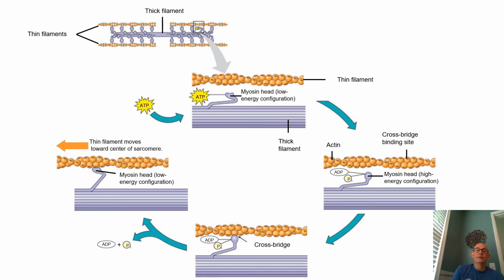Okay, so in the process of contraction, looking at our myosin, we've got an activated myosin down here. So this is kind of like it's ready to grab the actin and then pull it forward in the contraction process.